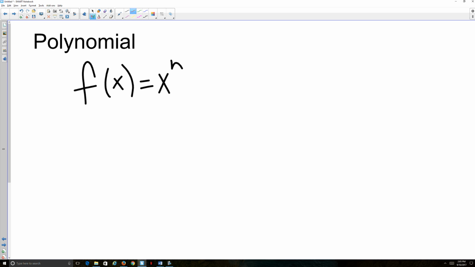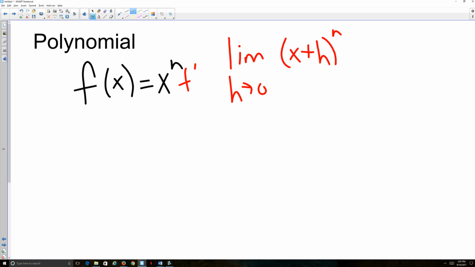Now, the definition is that we're going to plug this into f of x plus h. So I'm just going to write that in. This is the derivative, so let me say that here. The derivative equals this, minus x to the n all over h.